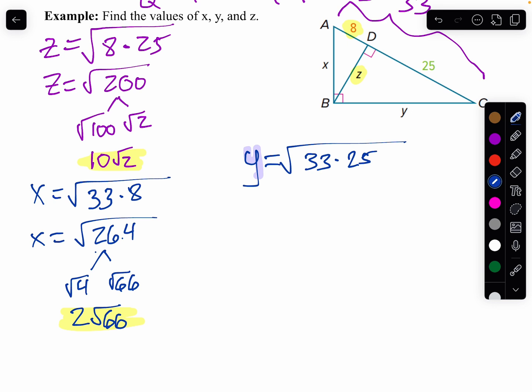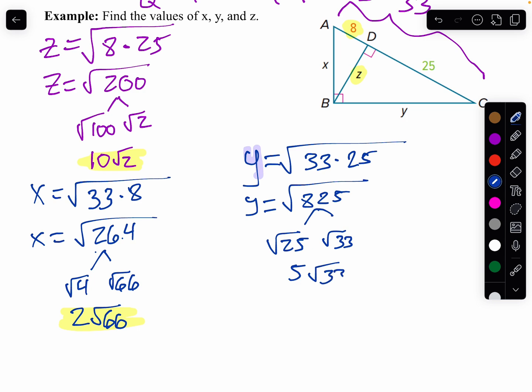So if I take 33 times 25, I'll get the square root of 825. And look at that, 25 goes into 825 33 times. I probably could have just split that up right away. So I get 5 square roots of 33 as the exact answer.